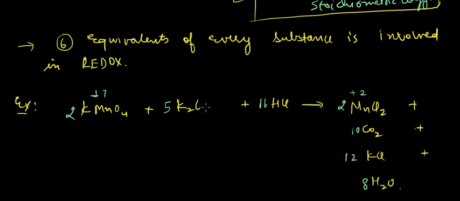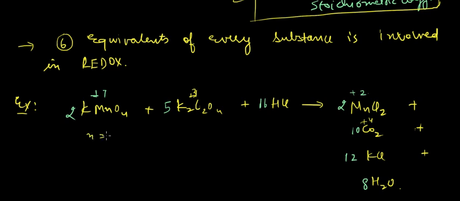This is C2O4, not K2Cr2O7, and this is CO2 gas. Now the oxidation state of Mn is changing from +7 to +2, and for carbon atom it is changing from +3 to +4.